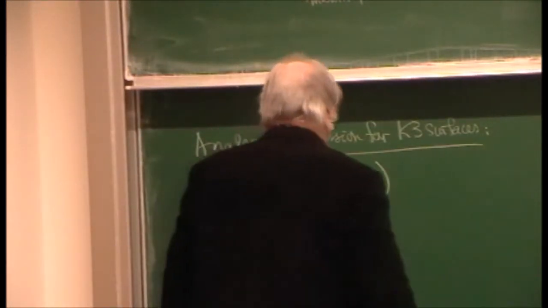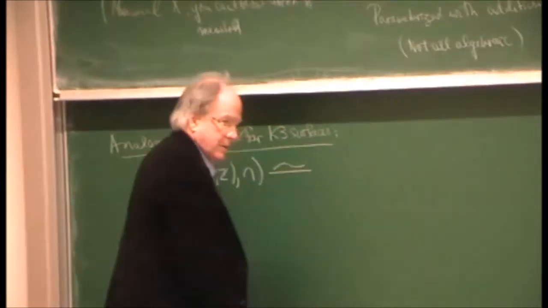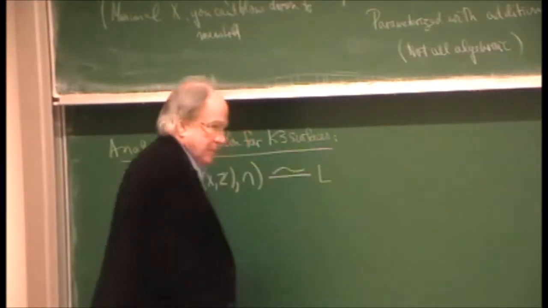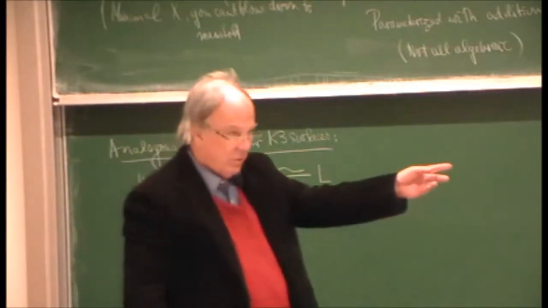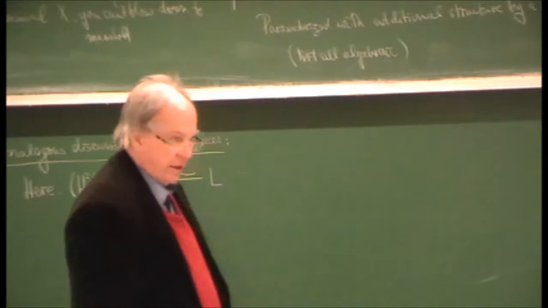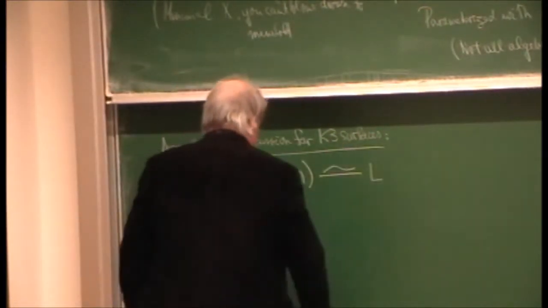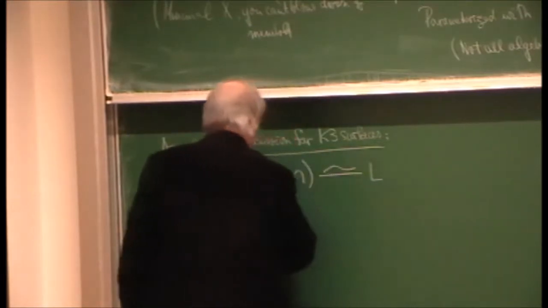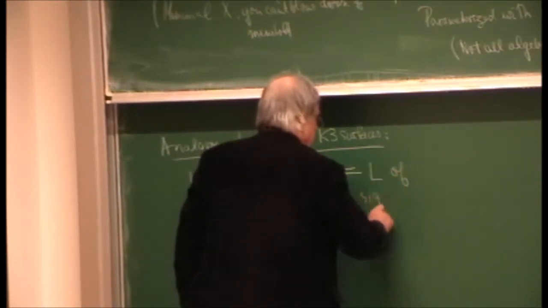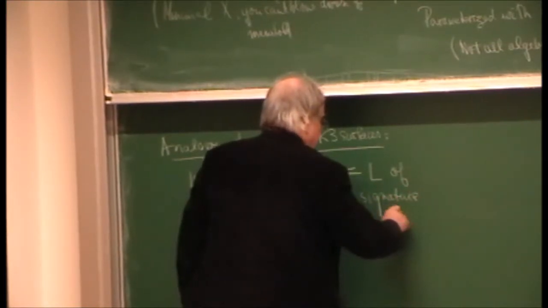So this thing will be isomorphic, if it's a K3 surface, to a certain lattice, just as the earlier one was isomorphic to a certain lattice with a quadratic form, the intersection pairing. Now I have to tell you what the intersection pairing is. It is of signature (3,19).